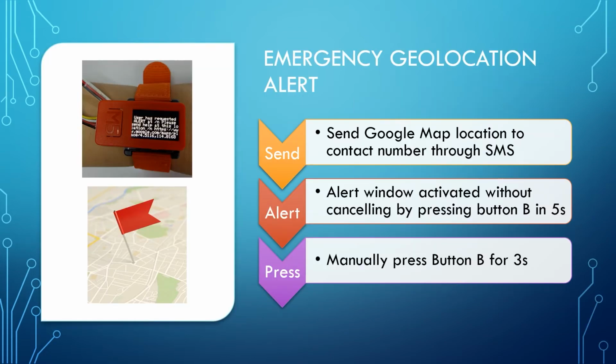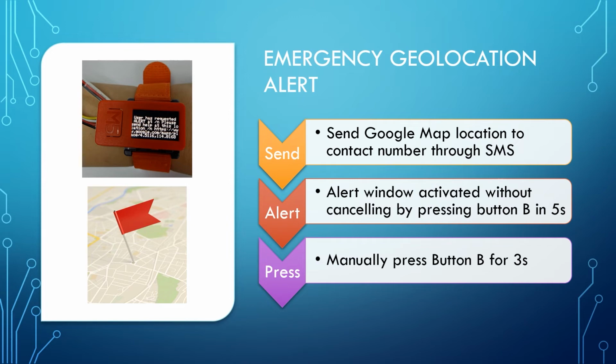Last but not least, we are going to introduce our main feature, which is the emergency geolocation alert. The geolocation function sends the actual geolocation of the user. The geolocation function continues after the fall detection. After the device has detected a fall, it will wait for 5 seconds and then detect whether there is further movement from the user.